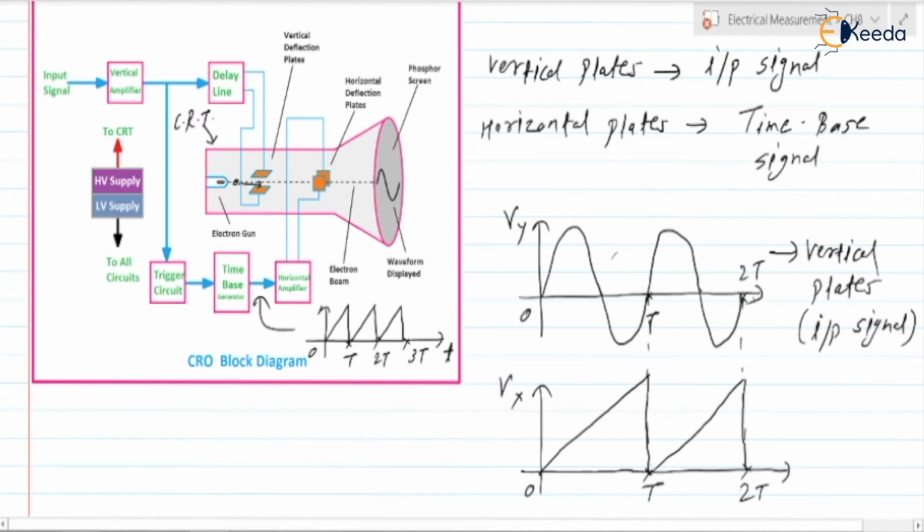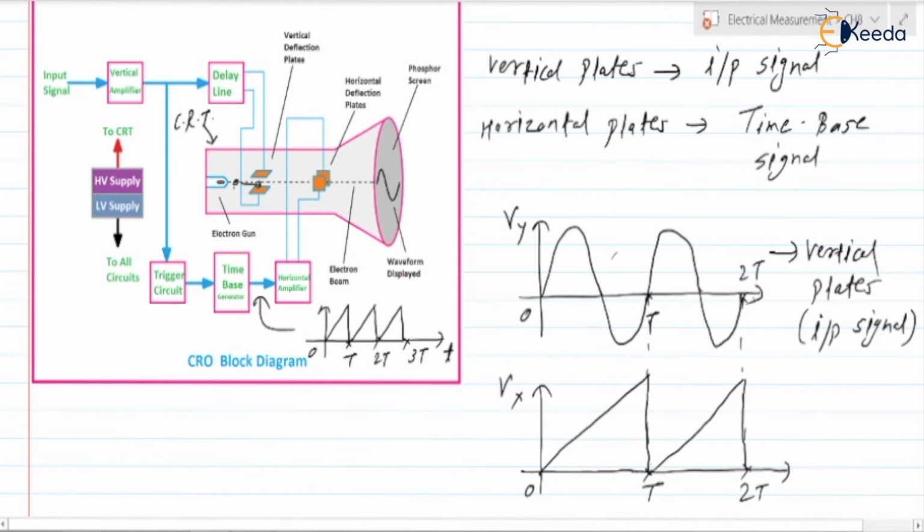Okay, so when the electron gun produces the electron, then the electron will leave the electron gun and will come in the area of the vertical deflection plates. Now, depending on the potential difference between the two vertical plates, suppose we have applied this signal across the vertical plates.